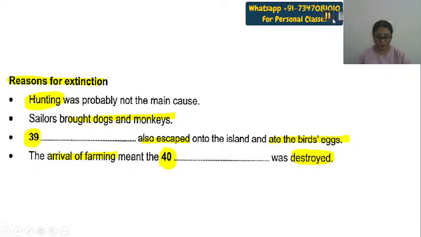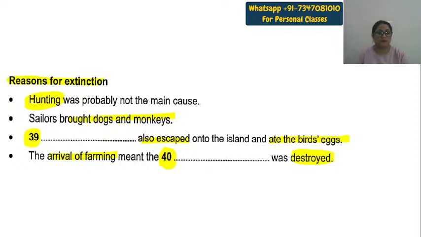Less than 200 years after Europeans first arrived on the island, they had become extinct. So what was the reason for this? For a long time it was believed that the dodos were hunted to extinction. But scientists now believe the situation was more complicated than this. Another factor may have been the new species brought to the island by the sailors. These included dogs, which would have been a threat to the dodos, and also monkeys, which ate the fruit that was the main part of the dodos' diet. These were brought to the island deliberately. But the ships also brought another type of creature, rats, which came to land from the ships and rapidly overran the island.